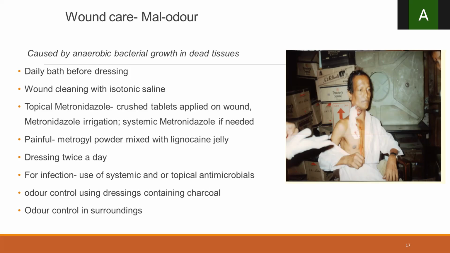Sometimes systemic metronidazole is given, but many times it gives other side effects also, like vomiting and nausea. So generally to treat wounds in the cancer setting, we use these crushed metronidazole tablets. Gel is also available, but the concentration of the drug in the gel is less than the tablet form. So tablets are more beneficial.